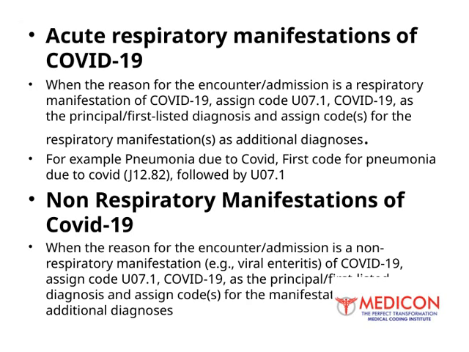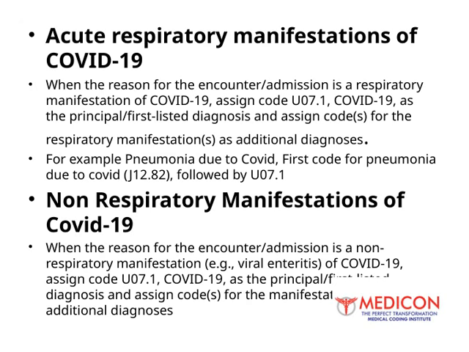Now, if the patient is admitted for a non-respiratory issue that's caused by COVID-19, such as viral enteritis, the protocol is similar. You still assign U07.1 as the main diagnosis, but then you include the code for the non-respiratory manifestation as an additional diagnosis. This method ensures that all relevant details are captured accurately, which is important for both clinical documentation and statistical purposes.